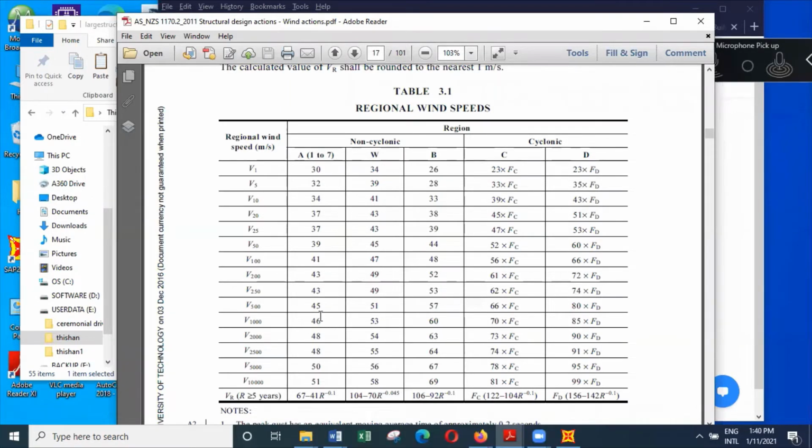So automatically you'll get a higher force. When you take the ratio of V1000 and V50, you will find the net effect will be something like 1.5.